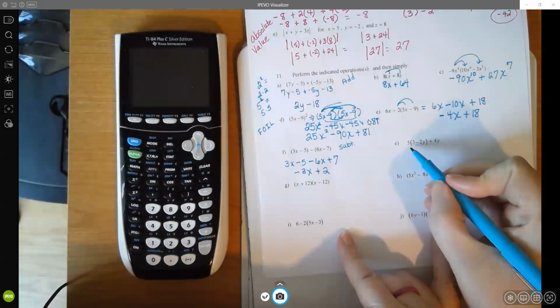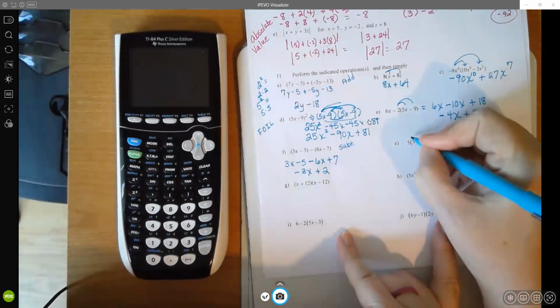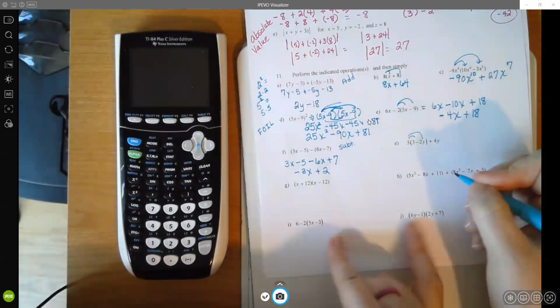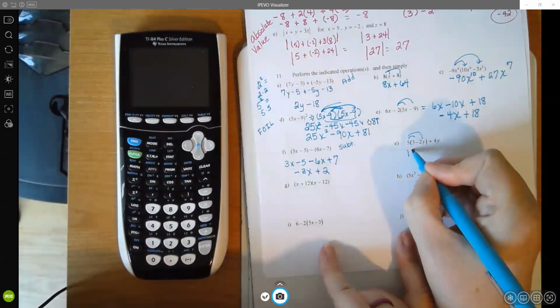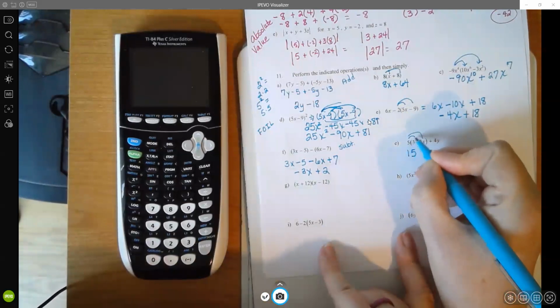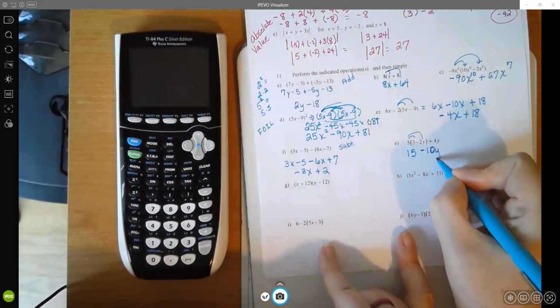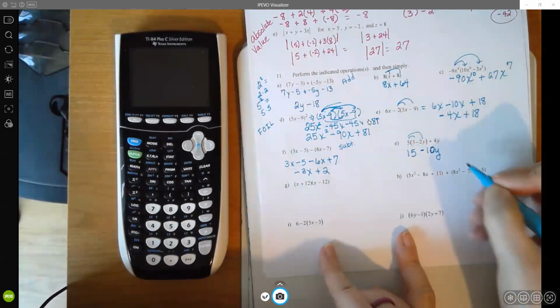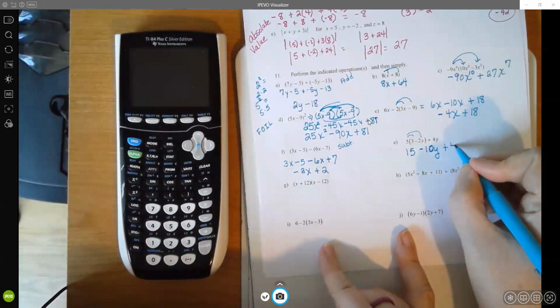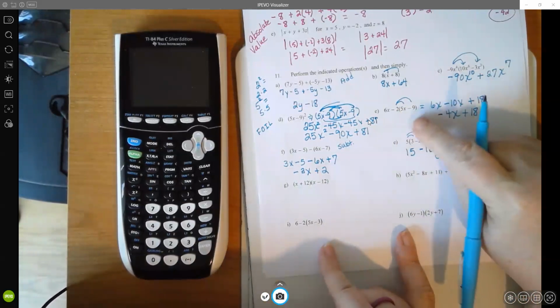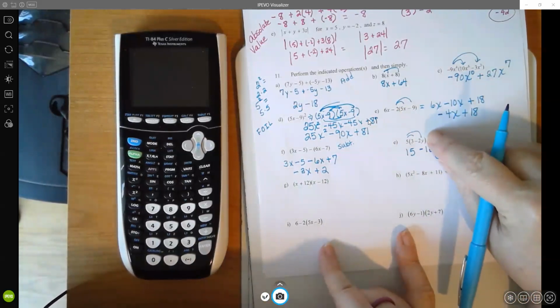In the next one, I have a 5 in front of a parenthesis, so that indicates a multiplication. 5 times 3 would be 15. 5 times a negative 2y would be a negative 10y, having trouble multiplying. And then the plus 4y does not get multiplied. That end parenthesis here stops the problem.